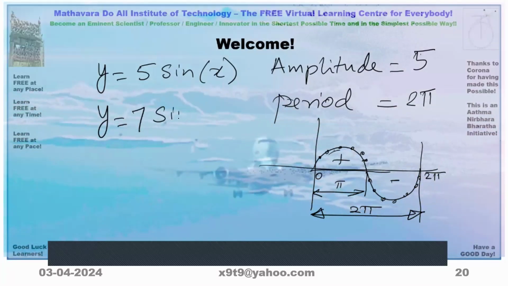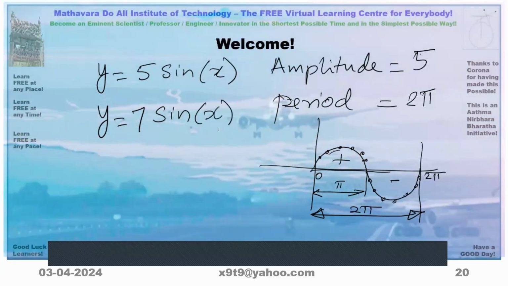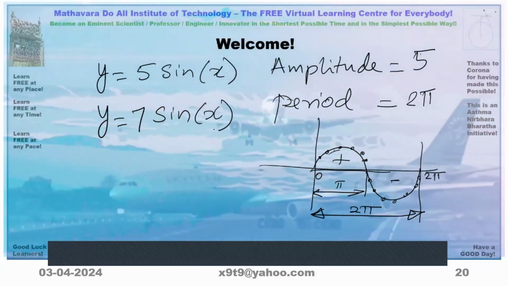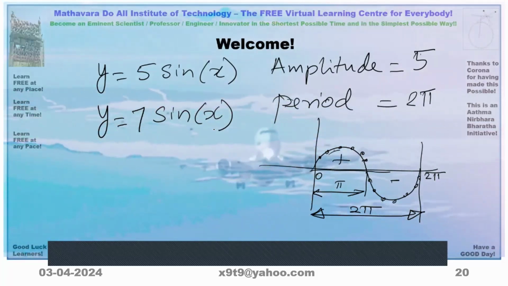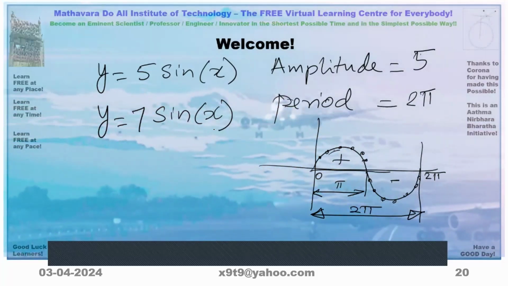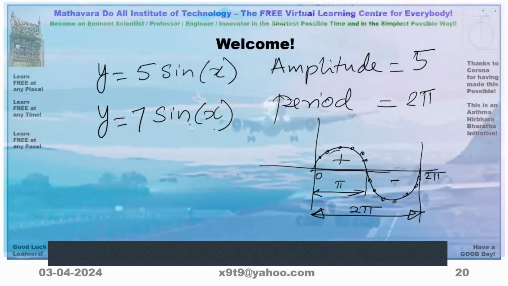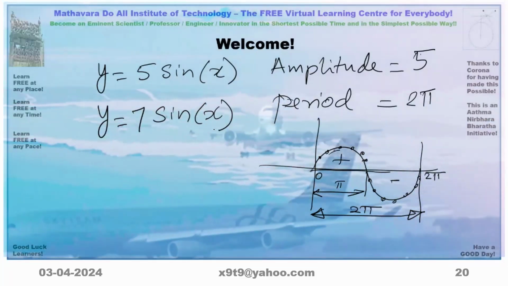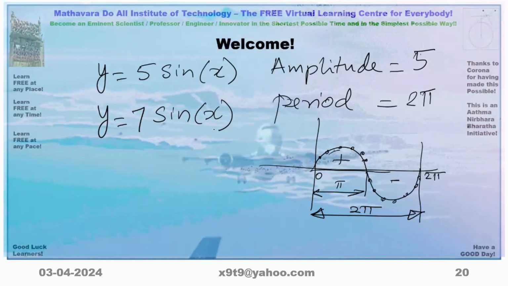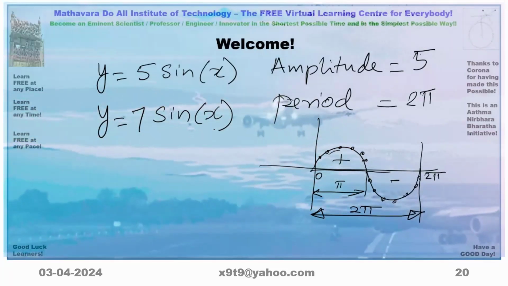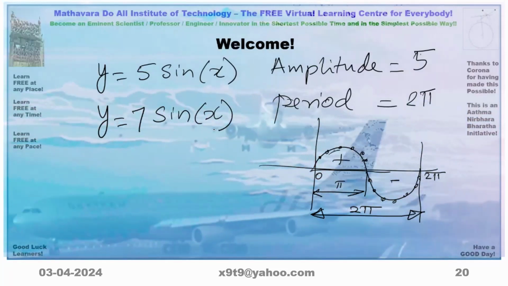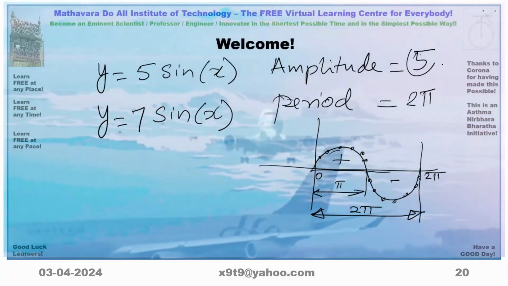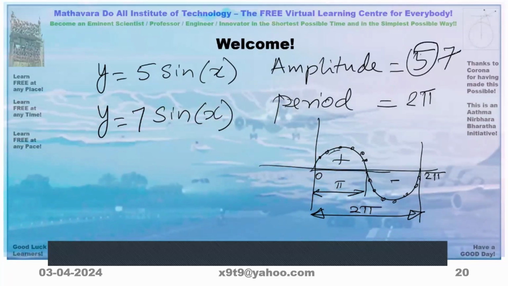Now, suppose I write y is equal to 7 sin x. What is the amplitude? What is the period? How much is the amplitude? 7. Instead of 5, it will be 7. What is the period?